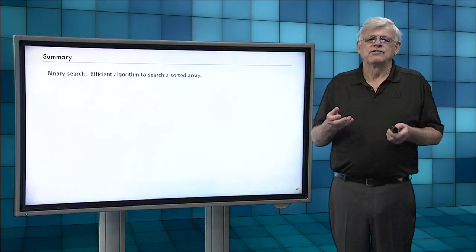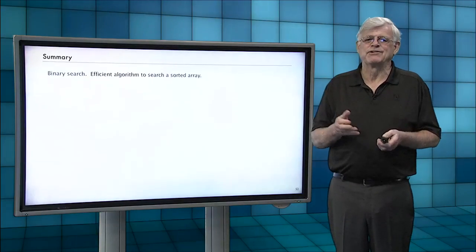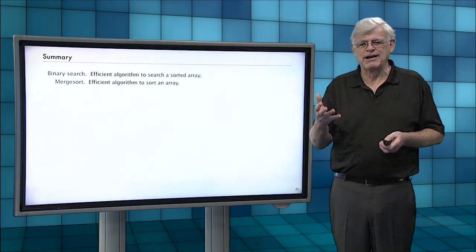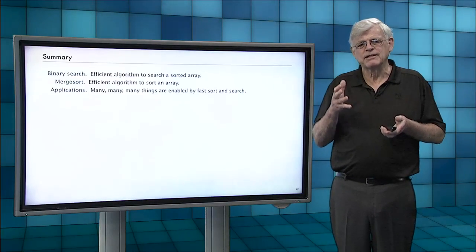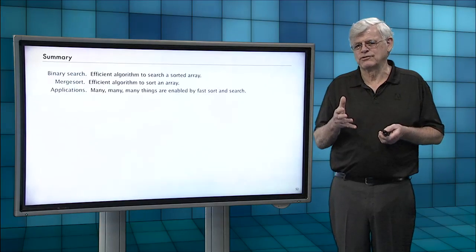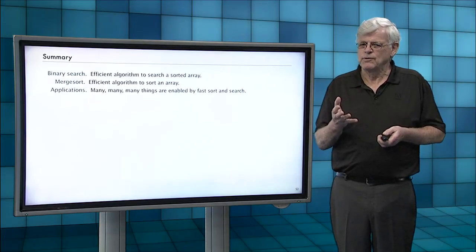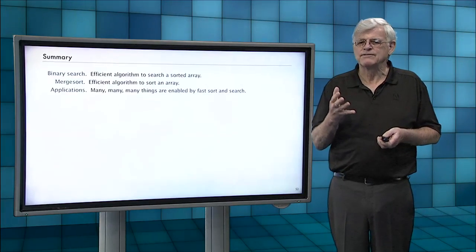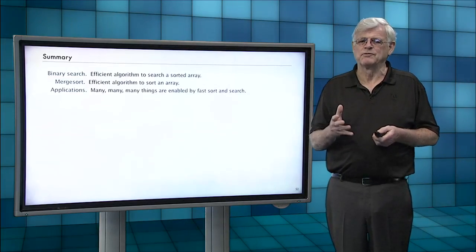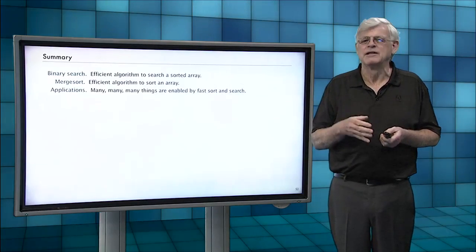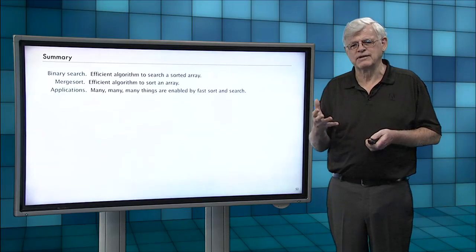So the summary is that we have an efficient algorithm to search and sort an array, and we have many, many things that are enabled by fast sort and search. The important idea is the scientific approach to understand the performance of our algorithms by building a mathematical model and validating it with empirical tests.